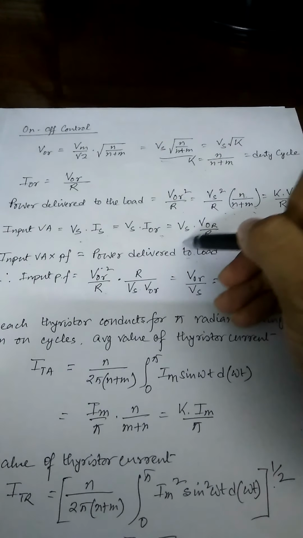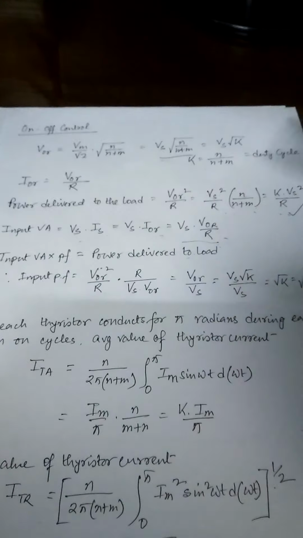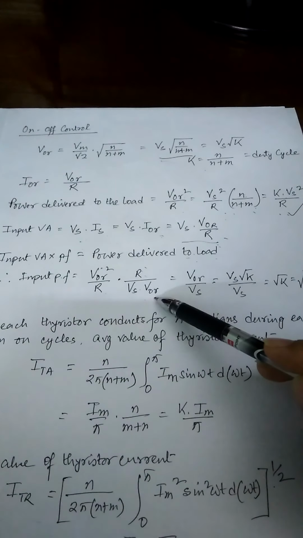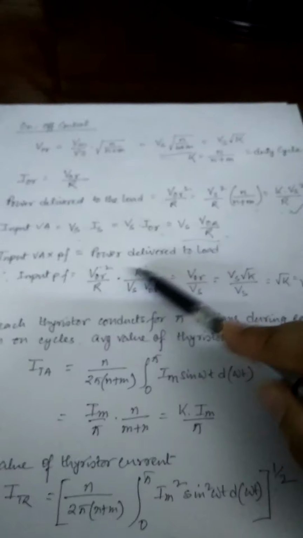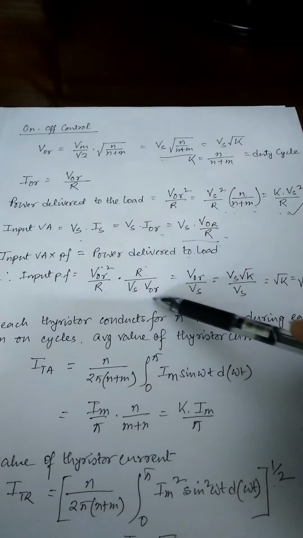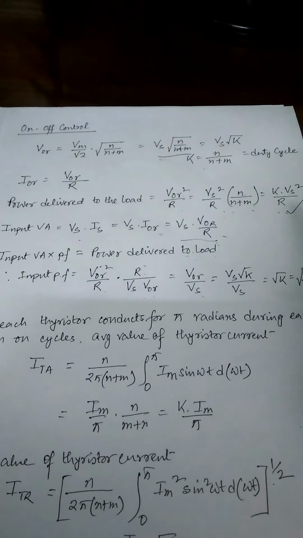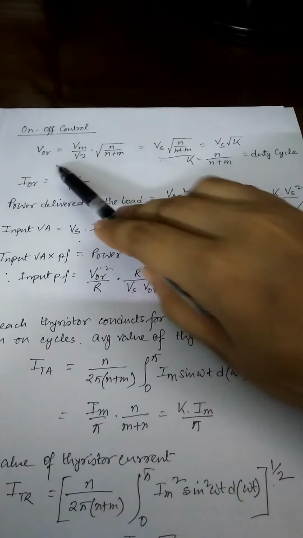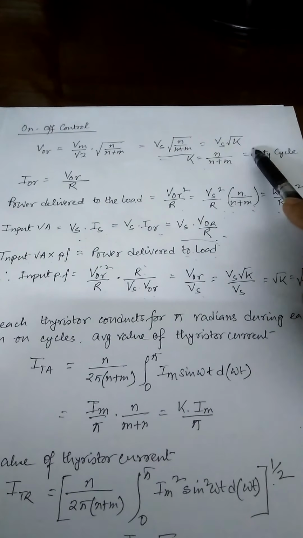So if we put this term here, what happens? The R will be on top and that is Vs into V0R. So these R will be cancelled out. So that is V0R divided by Vs. So V0R divided by Vs equals, we know V0R equals Vs into root k.